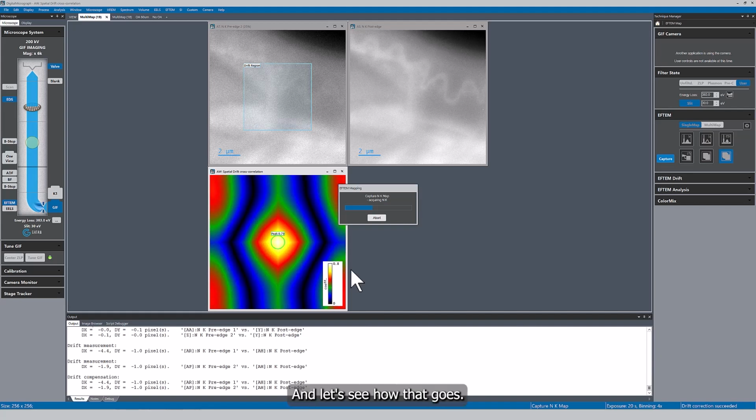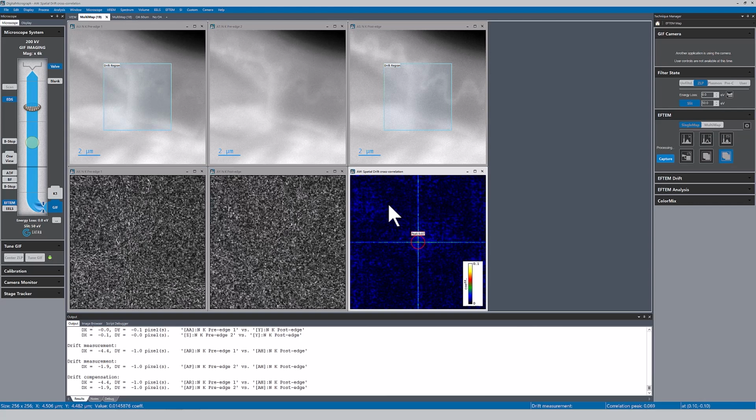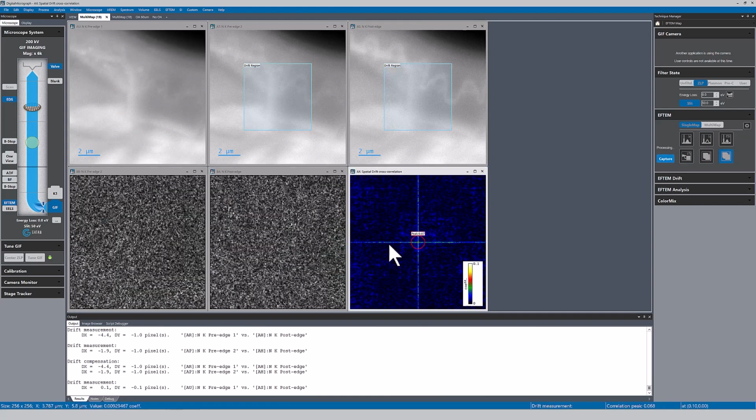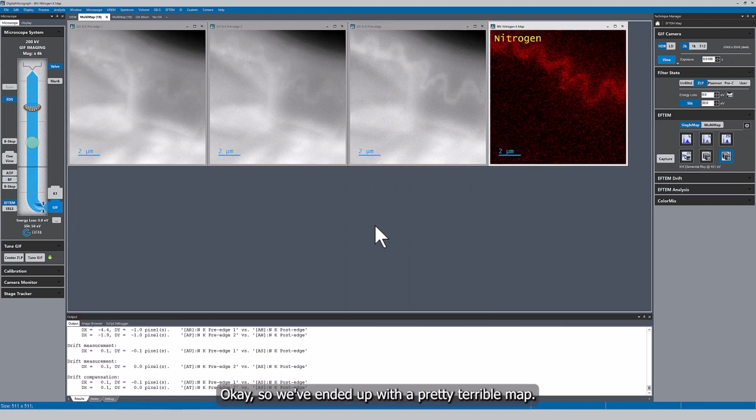But let's see how that goes. Accept all of these. Accept. Okay, so we've ended up with a pretty terrible map. It's really poor signal to noise ratio and very blurry.